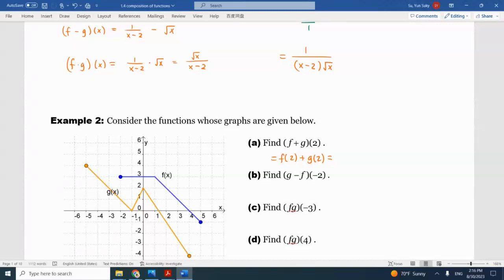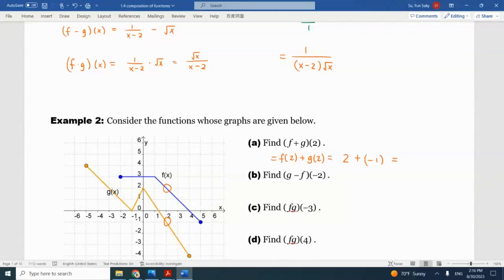So what is f of 2? So f of 2 is 2. And g of 2 is, see? X is 2. F of 2 is 2. G of 2 is negative 1. Right, everybody? Good.